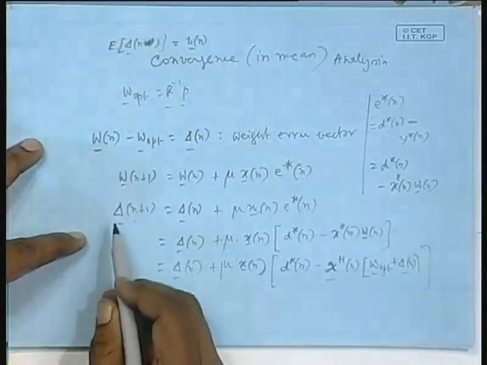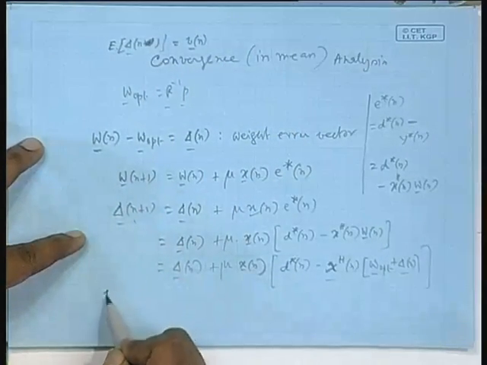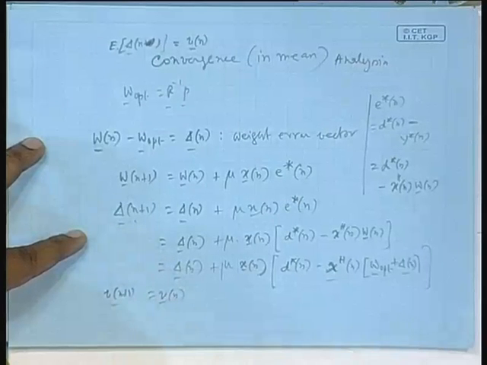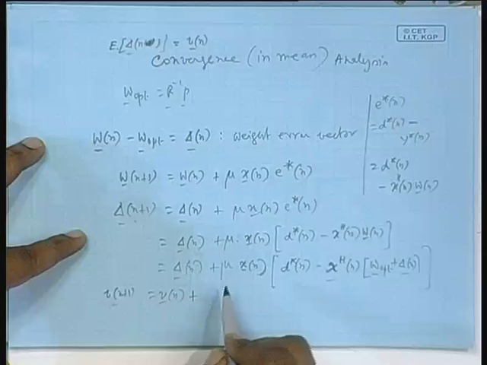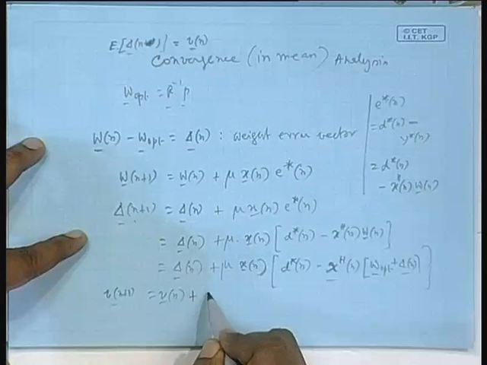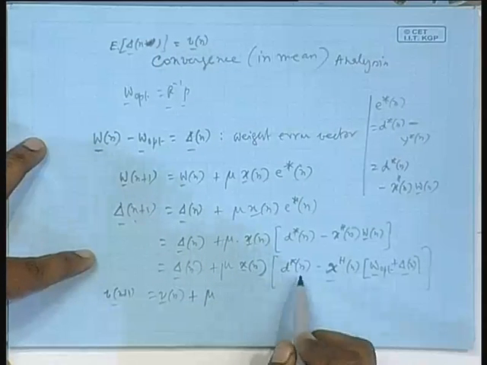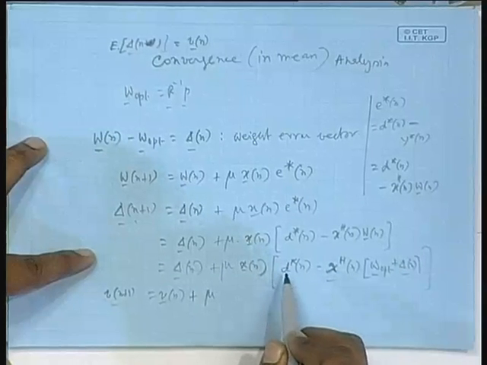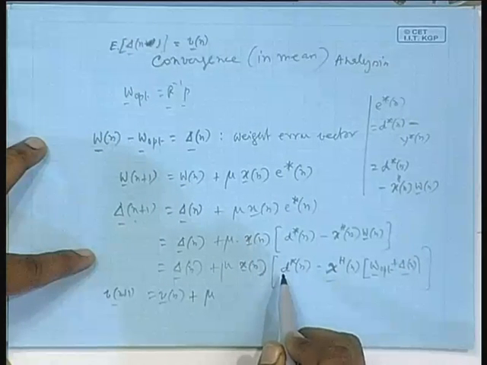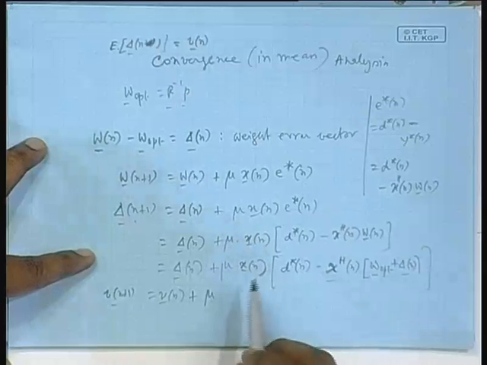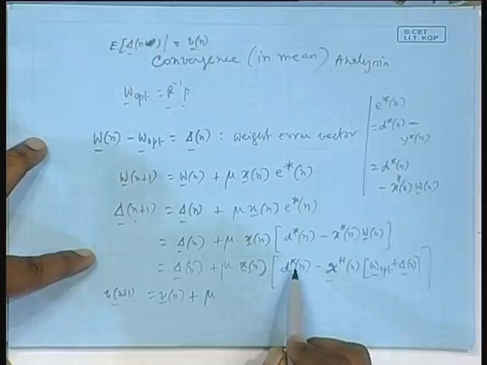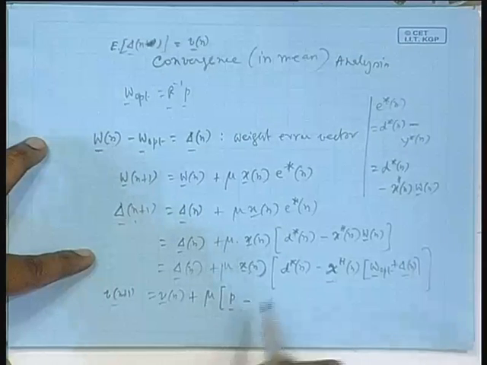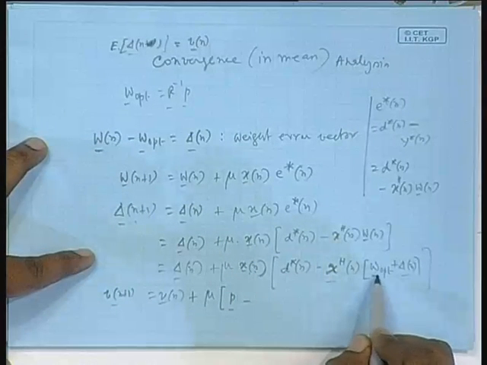If you do that, now apply E on both sides, obviously you get V n plus 1 as V n plus mu into x n d star n. If you apply E over that, what do you get? x n into d star n, P vector, the cross correlation vector, cross correlation between x n and d, so you get P minus x n x Hermitian W opt.